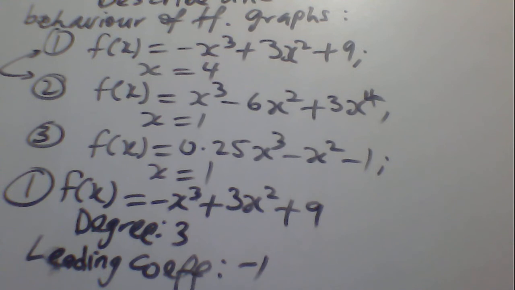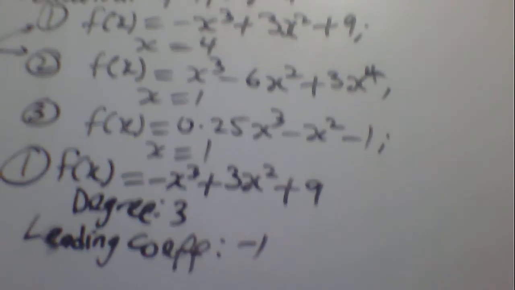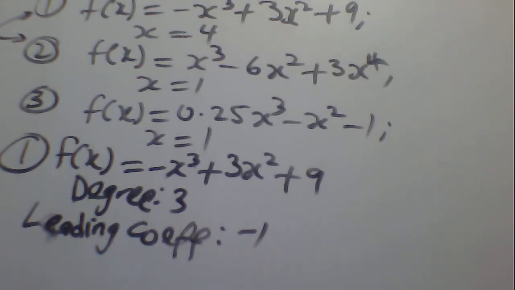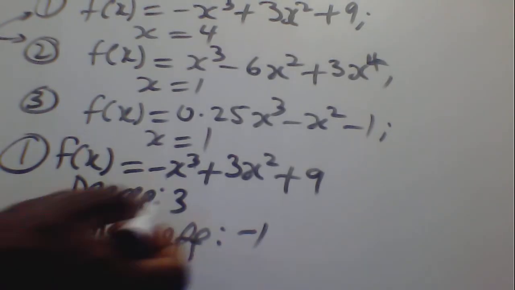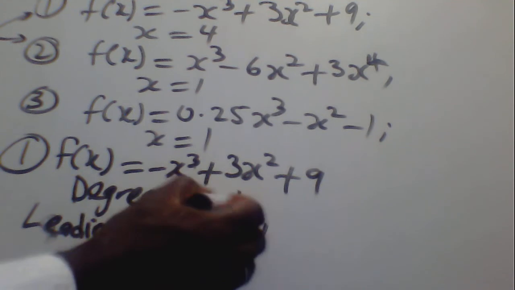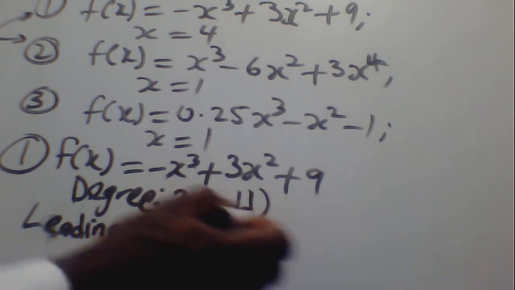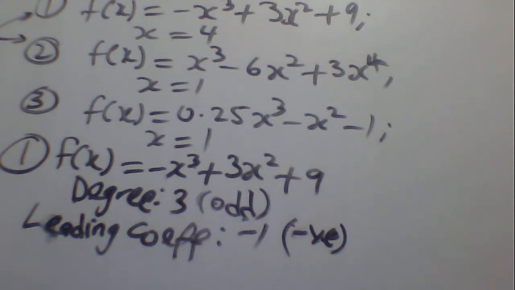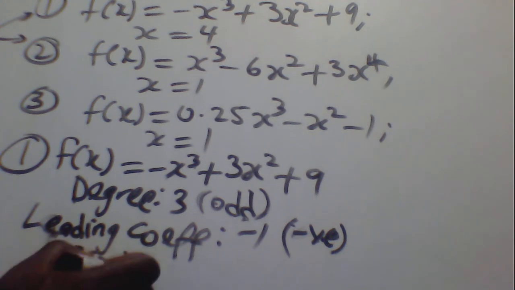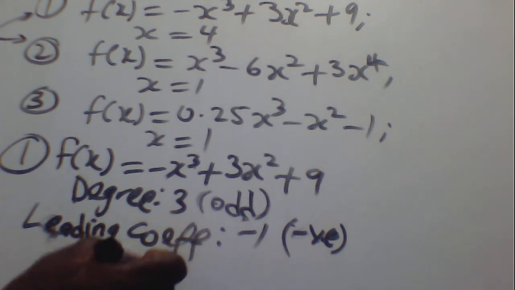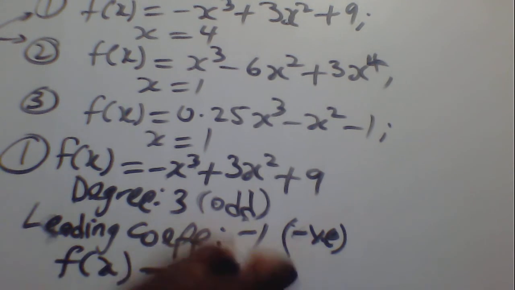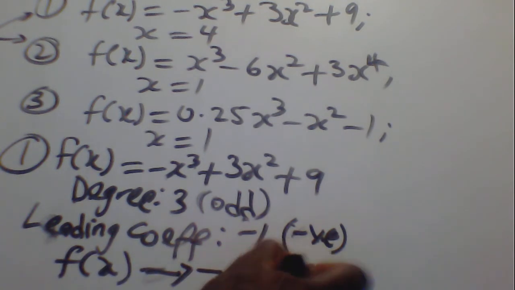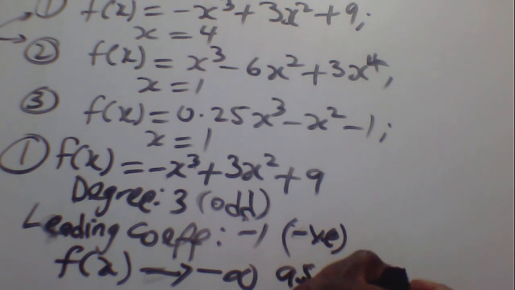Because the degree is odd and the leading coefficient is negative, f of x will tend to negative infinity as x tends to positive infinity.